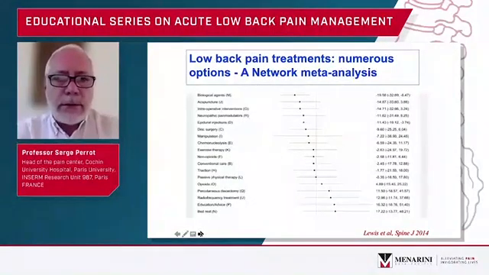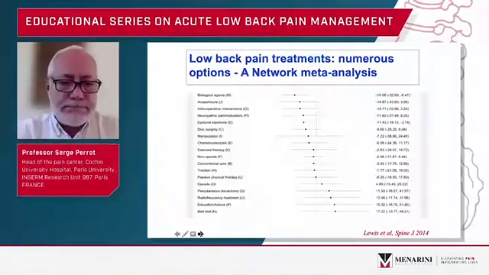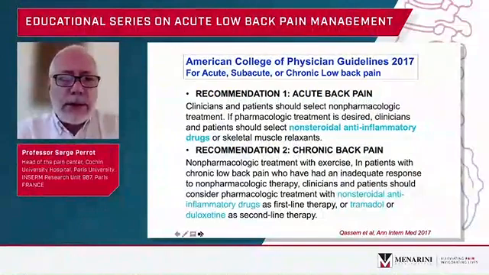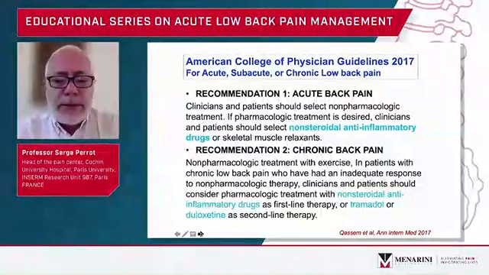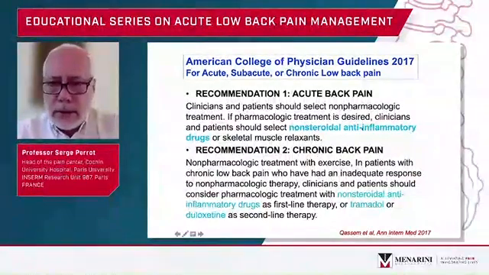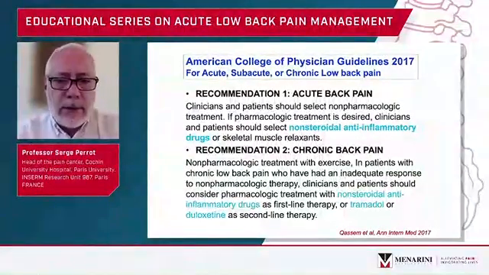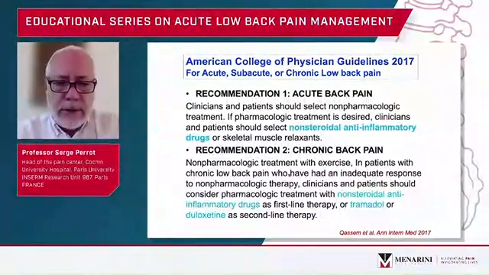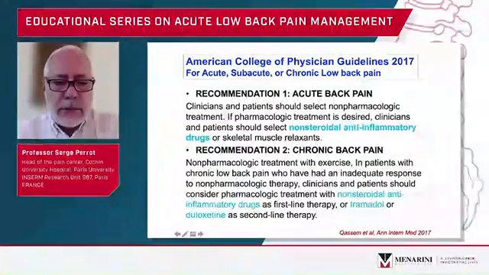And here you can see this network meta-analysis looking at the effect size of all these approaches in back pain. And here are more precisely recommendations coming from the American College of Physicians, published in 2017. The first drug to use in acute back pain is NSAIDs. And if NSAIDs are not effective enough, then we should go to tramadol or duloxetine as a second-line therapy.